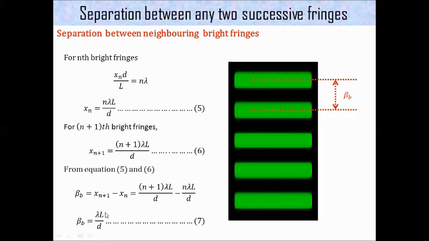So beta B will be equal to lambda L divided by D. It is observed from equation 7 that the separation distance beta B between any two successive fringes depends on the wavelength of light lambda, the distance between the source and the screen L, and the separation between the slits D.